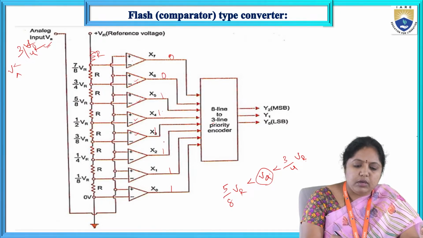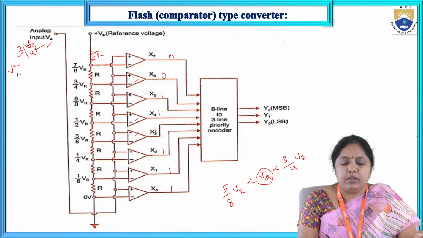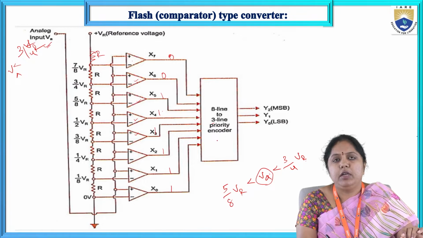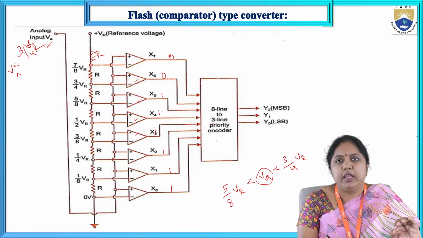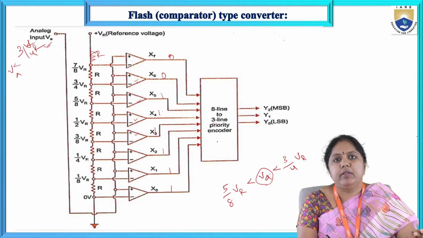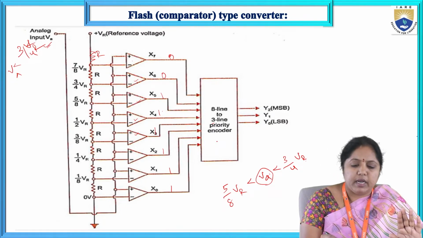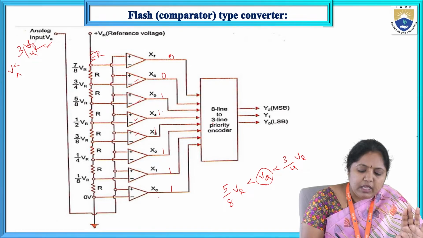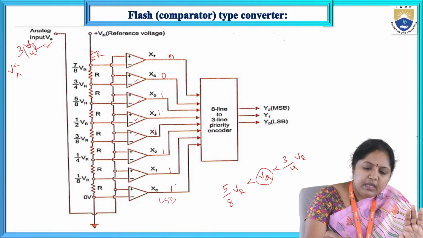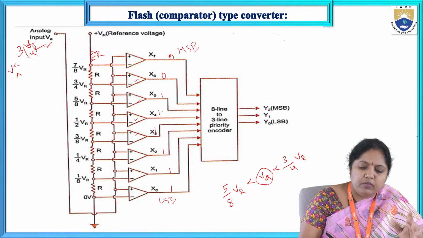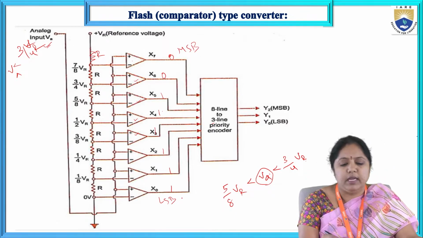Now, based on these inputs, this is the priority encoder. The priority encoder will give the highest priority to the MSB bit which has the value equal to 1. Here this is the LSB bit and this is the MSB bit. Out of all these, which MSB bit value is 1?